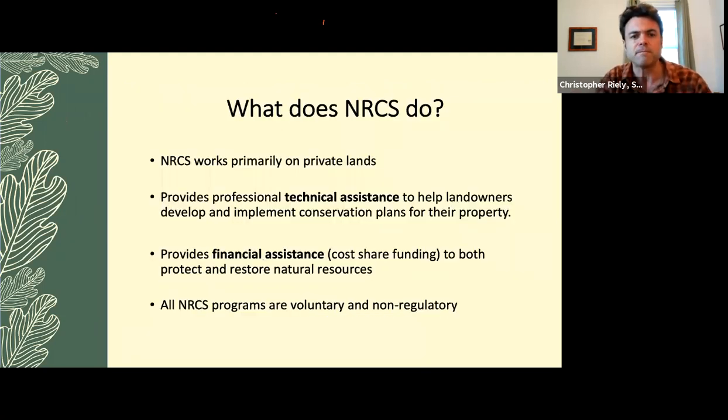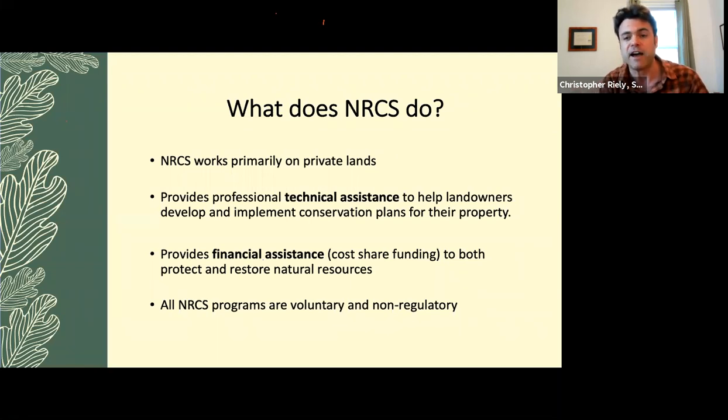So what does NRCS do? Again, they work primarily on private lands, unlike the Forest Service or state agencies. They don't have their own land to manage and take care of. And they do this in two main ways. First of all, they provide professional technical assistance, providing foresters, wildlife biologists, or other specialists to help landowners take the best possible care of their land in the form of improved stewardship and sometimes permanently protecting it.